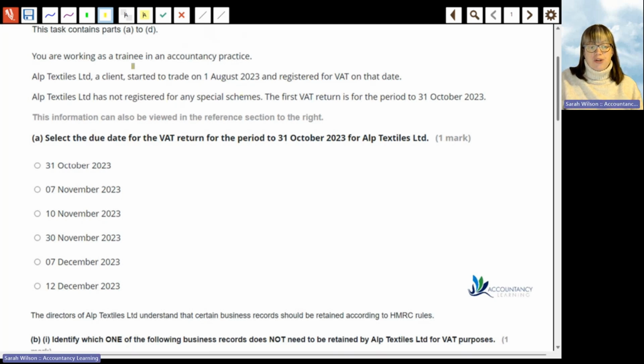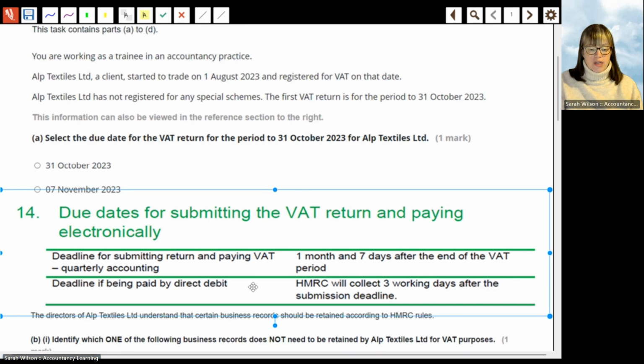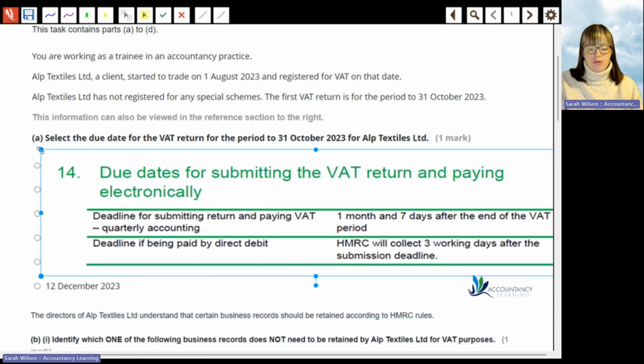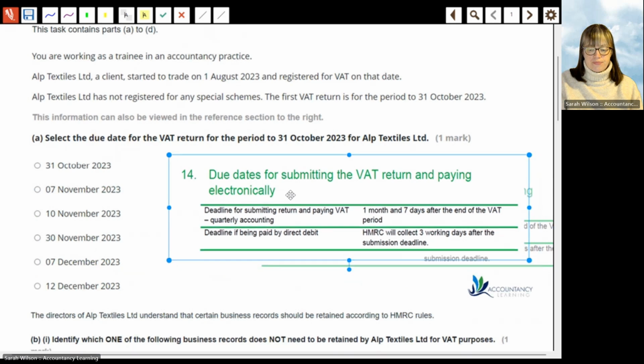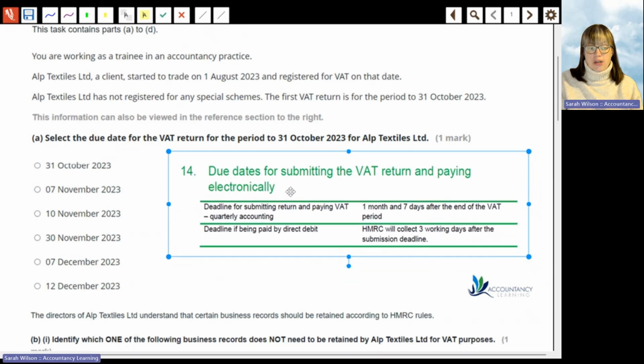For part A, we need to select the due date for the VAT return for the period to the 31st of October 2023. Let's bring up some reference material first. We're going to look at reference material 14, and this is going to help us answer this question.